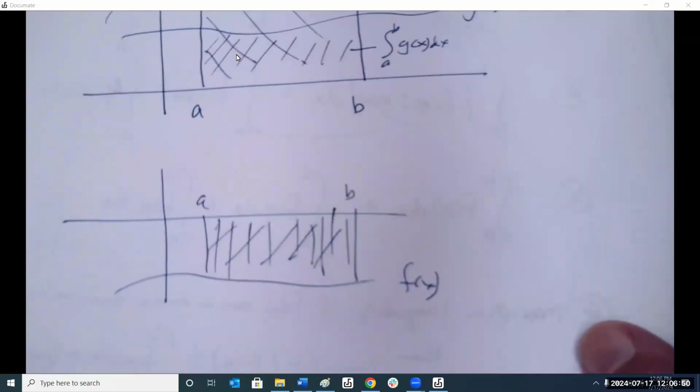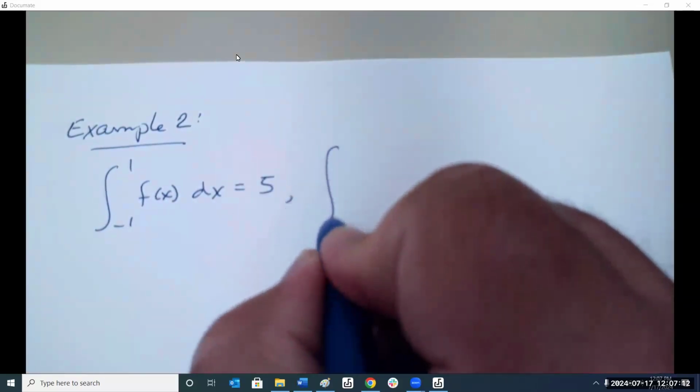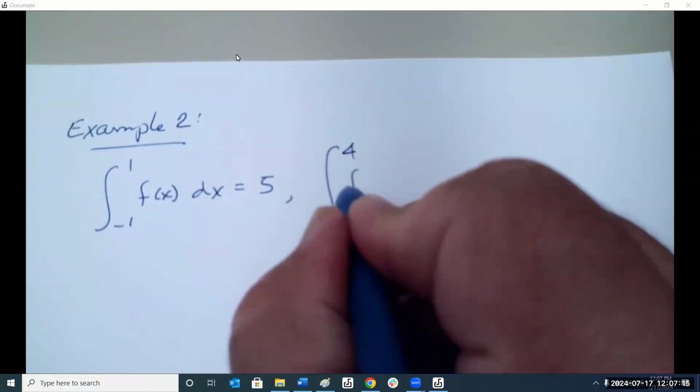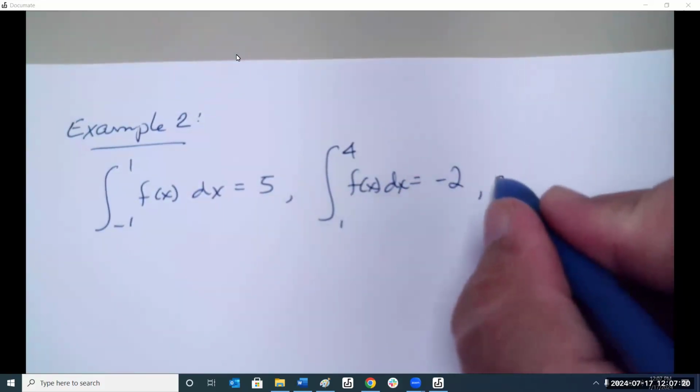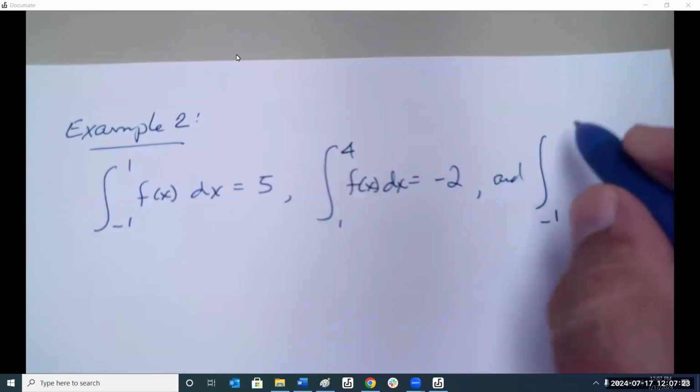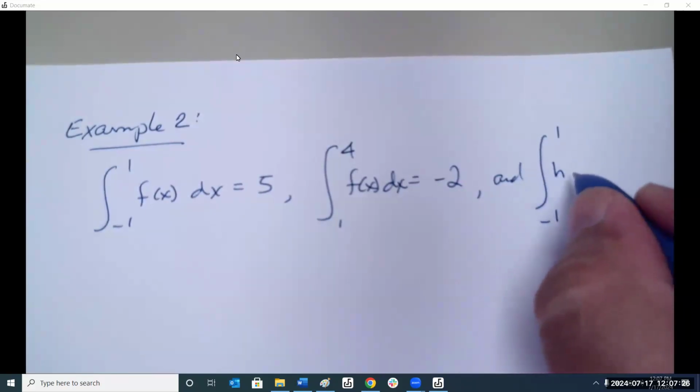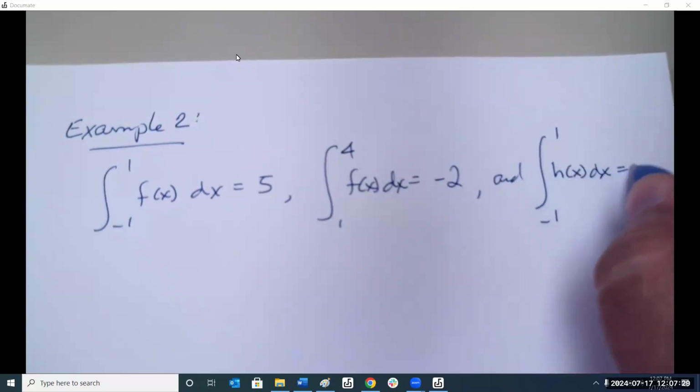Example 2. Now we get to do some work. We have the integral from negative 1 to 1 of f of x dx equals 5. The integral from 1 to 4 of f of x dx is equal to negative 2. And the integral from negative 1 to 1 of h of x dx is equal to 7.